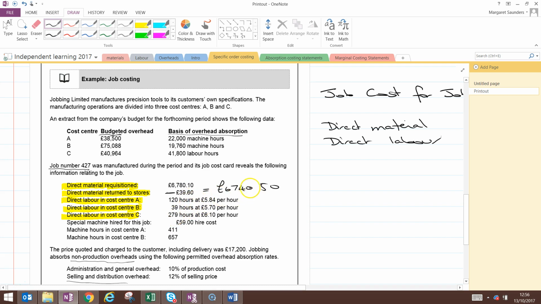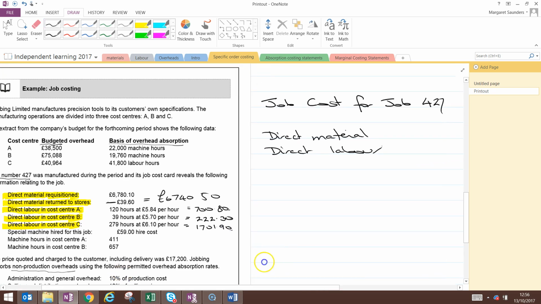So if we multiply that out, it comes to 700.80. Cost centre B, 39 times 5.70. And cost centre C, 279 times 6.10. So those are our labour costs.